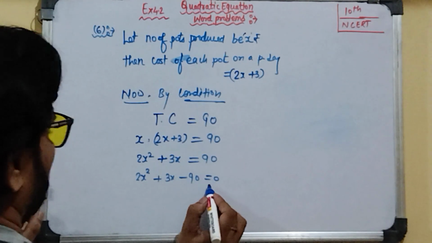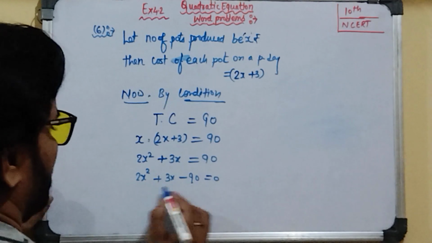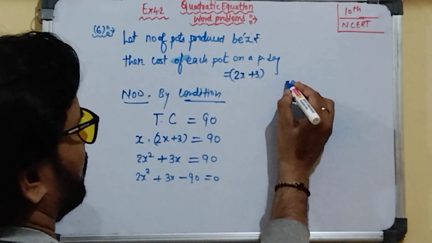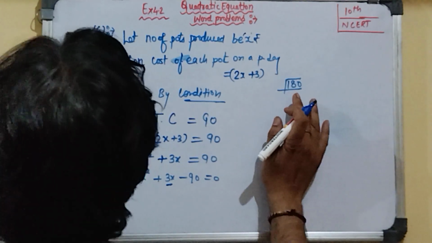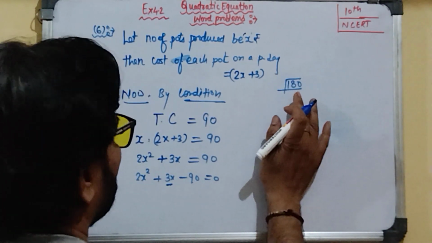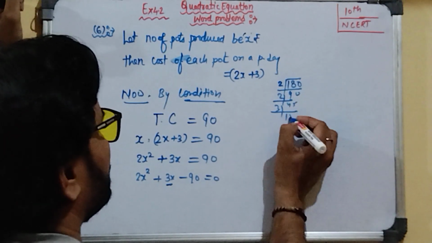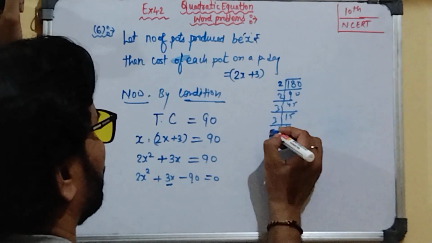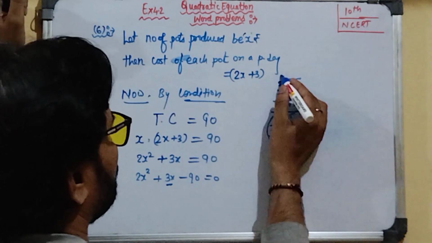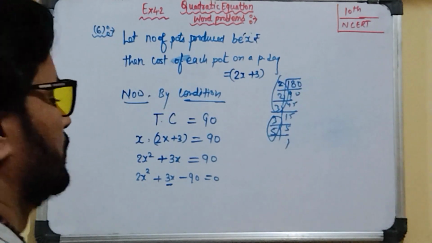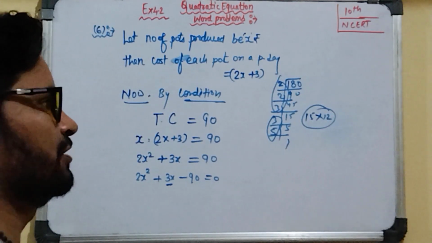Now, the product is negative 180, so factor 180 so that we can get 3. 15 into 12 we get 180, and 15 minus 12 we get 3.